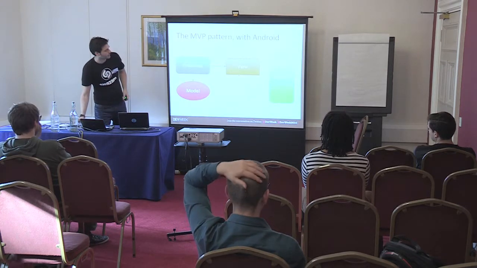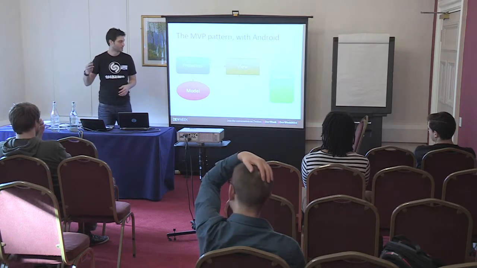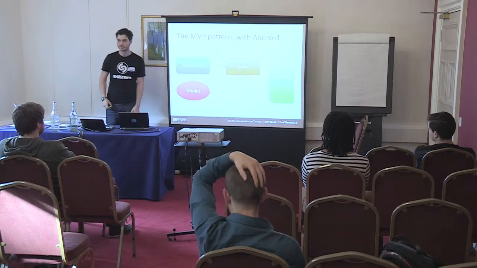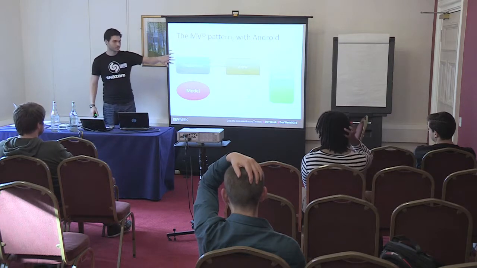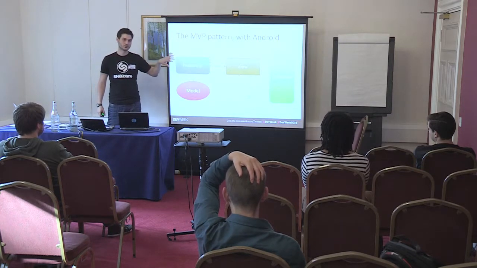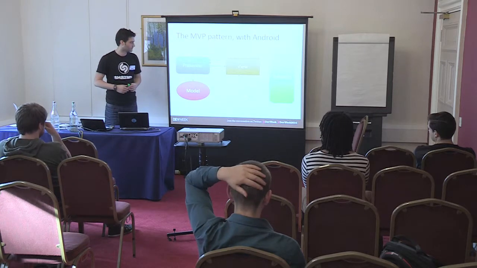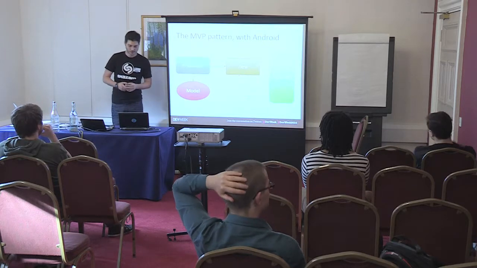So how does it look with Android? As we saw earlier, Android calls our screen in different phases, so it might say start or stop showing to the view. Then that's going to relay those calls to our presenter, which needs to start doing different things with the model and then pushing the results back to the view.